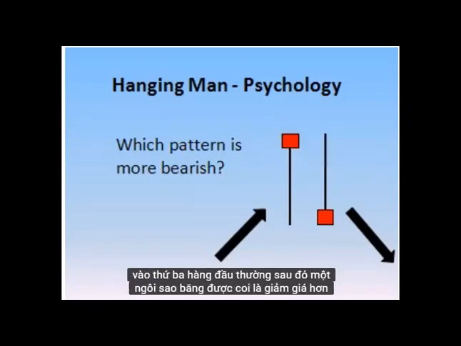Typically then, a shooting star is considered more bearish than a hanging man, due to the bears finishing this tug of war as the dominant force.